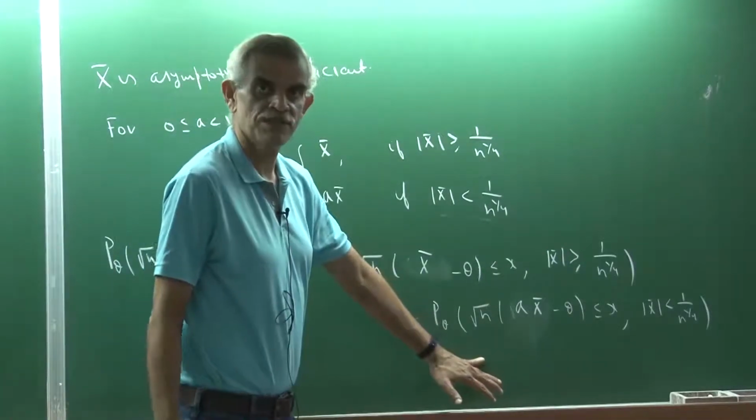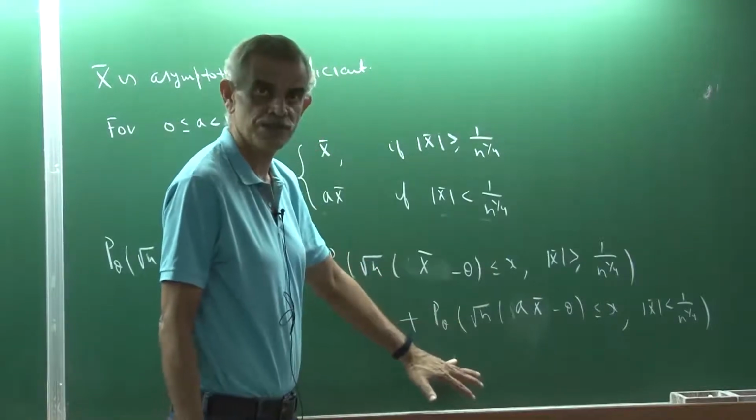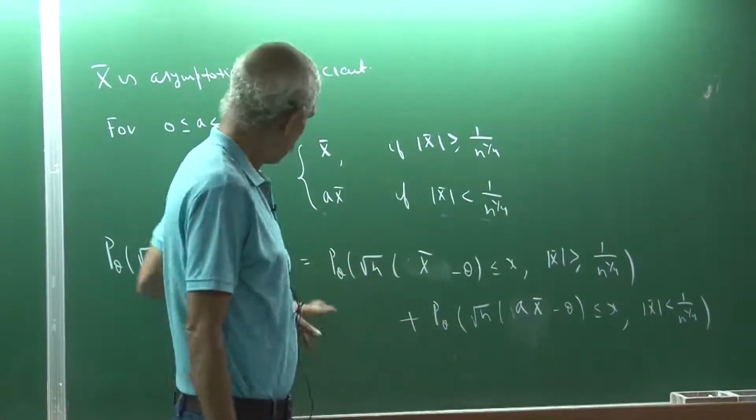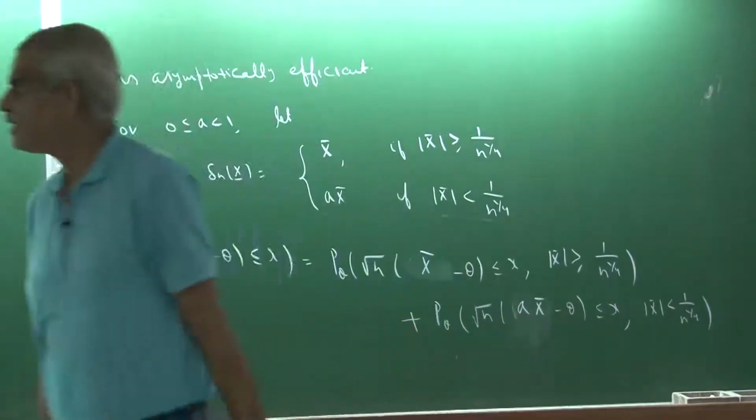So this is less than or equal to something which is going to 0, so in the limit this would also go to 0, because this is always non-negative. So in the limit this probability would be the same as this probability.